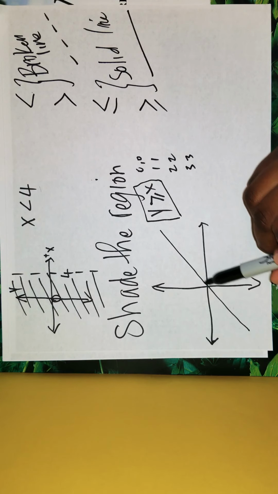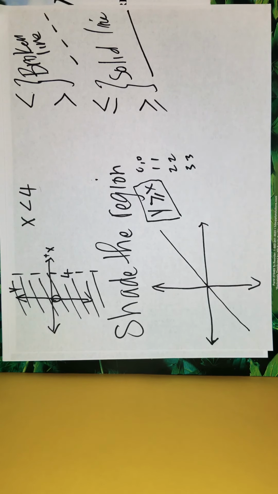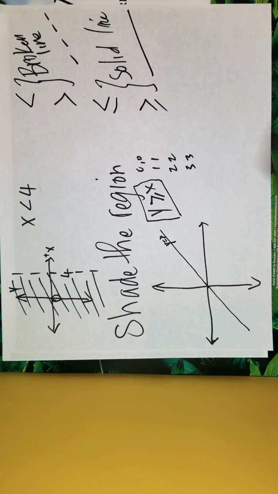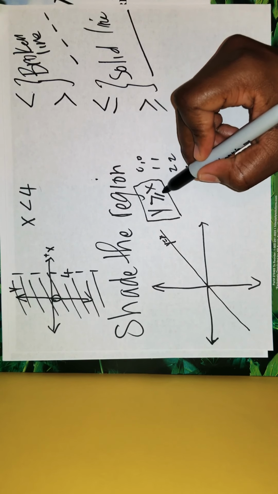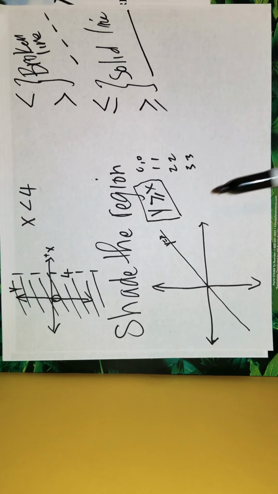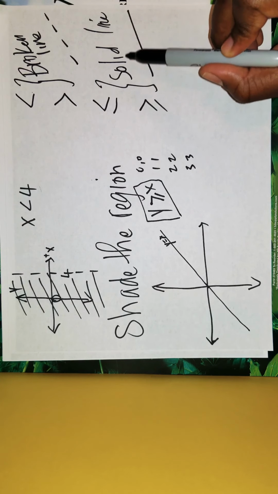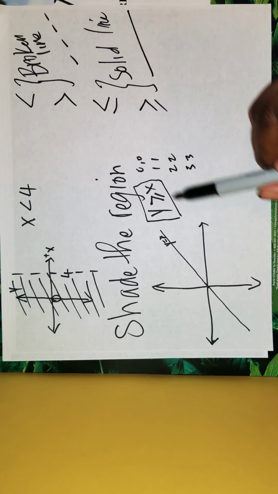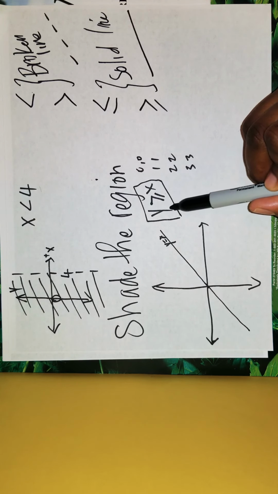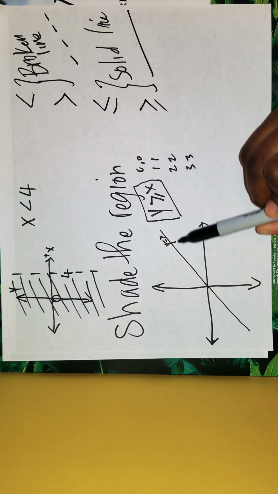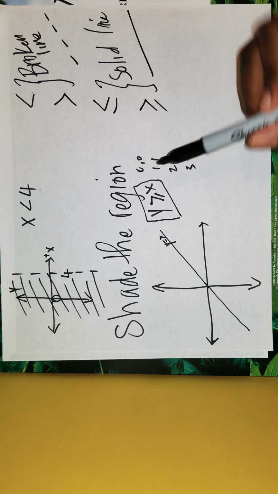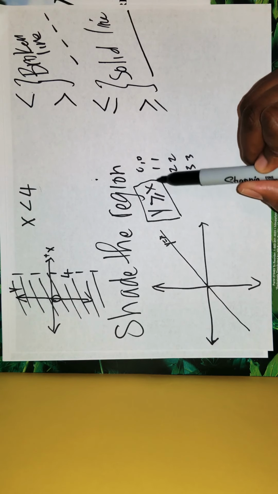Looking at this line, y equals x, and it's not drawn to scale because a little bit is off here, but it's fine. This line is the line y equals x. It says greater than or equal to, so it has to be a solid line. So already I'm correct here with my solid line. If it was not greater than or equal to, but just greater than, you would have to use a broken line, as we did above.